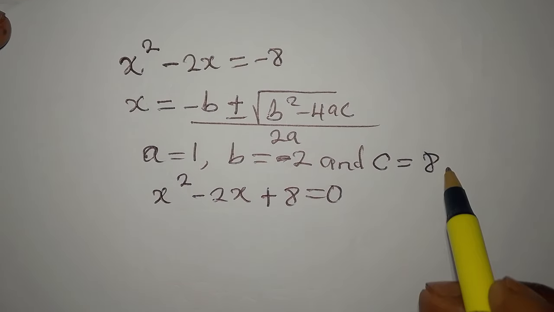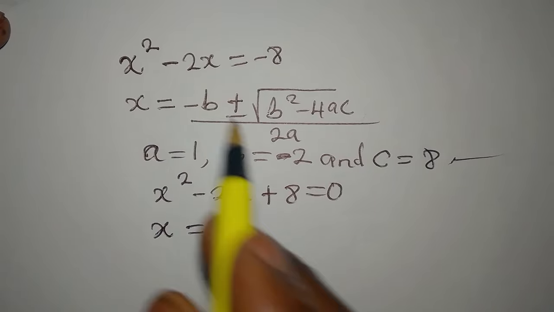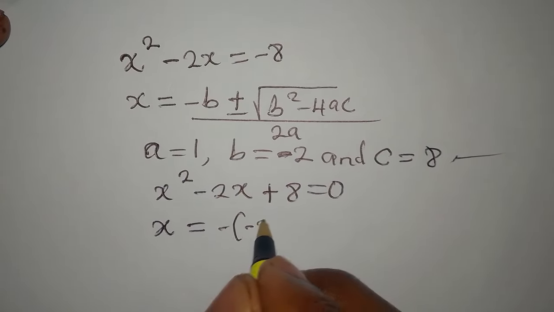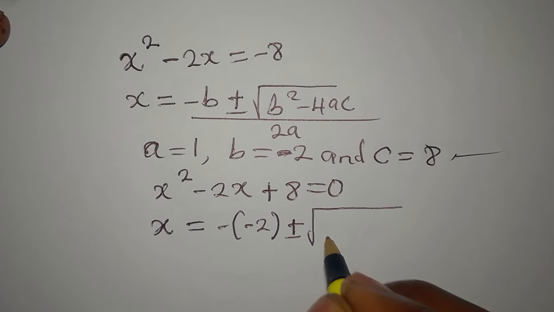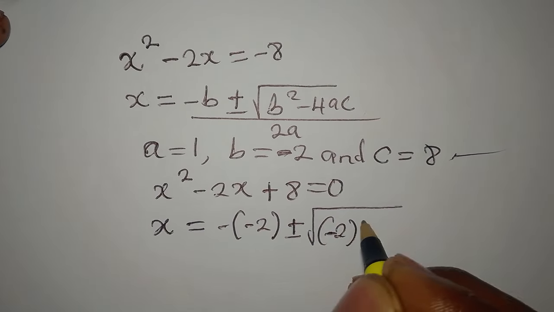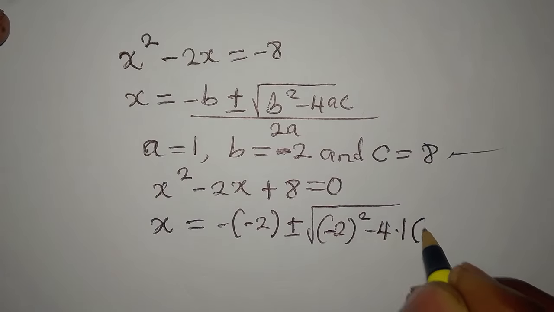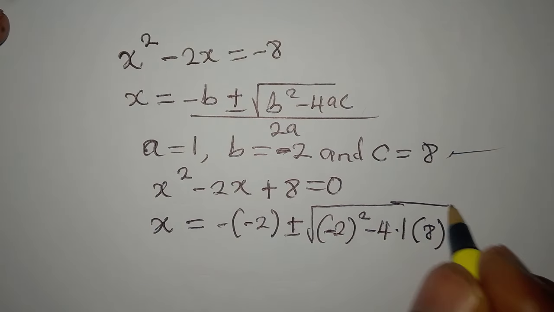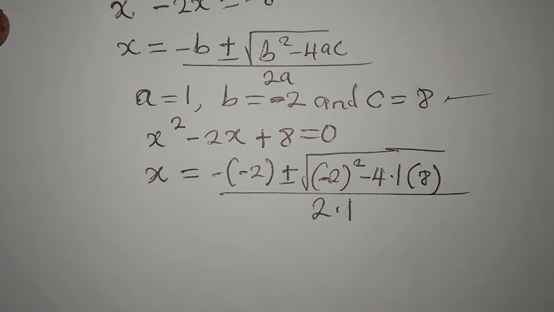Let's put this into the formula now, so that x will be minus b, that will be minus minus 2, plus or minus b squared, that will be minus 2 all squared, minus 4 times a times what? Times 8, because c is 8. So this is divided by 2 times 1.